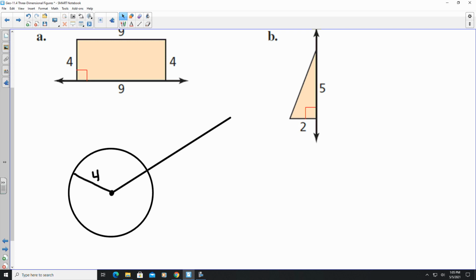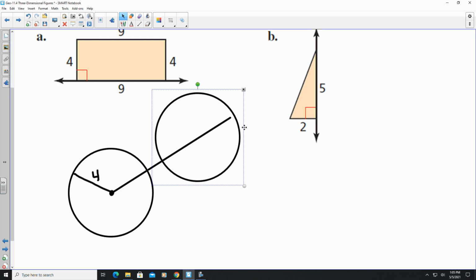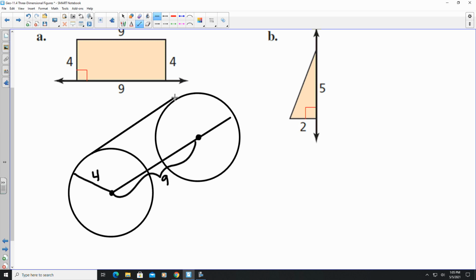And it's wrapping around this particular piece. So if I were to simply copy this over and say, okay, let's put the center right here. This gives us a distance of 9. And then if we connect pieces here and here, here and here, this is identified as a cylinder.